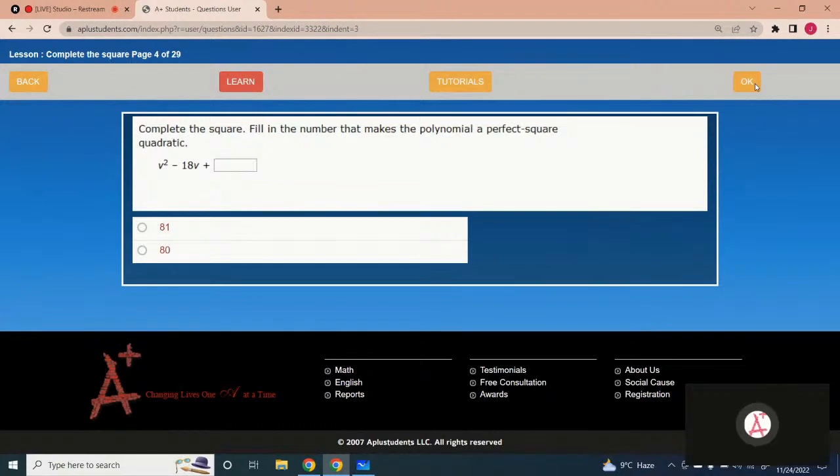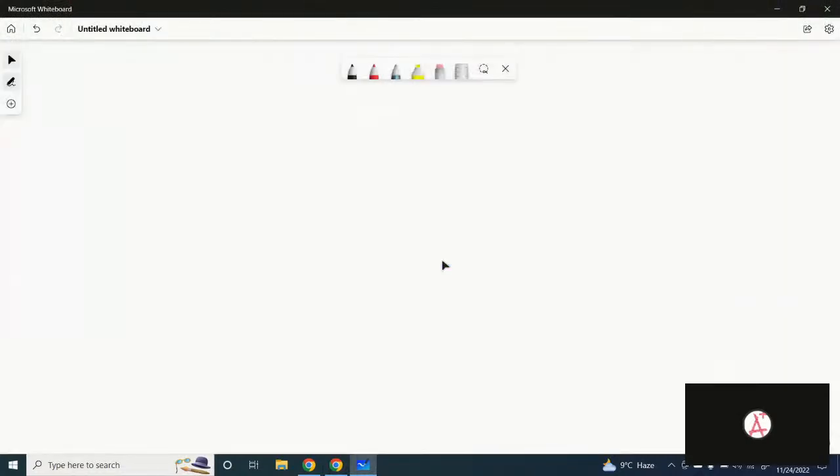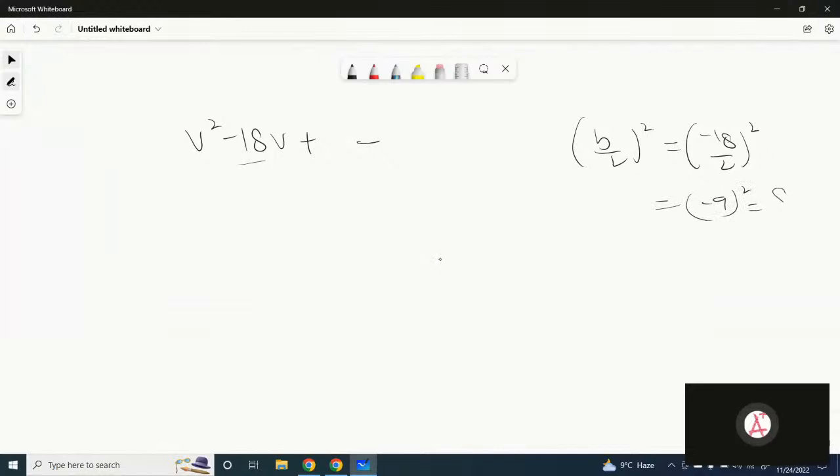V square minus 18v plus the missing number. So we have to add b by 2 square. B is negative 18 over 2. Negative 18 over 2 is negative 9 square, and negative 9 square is 81.